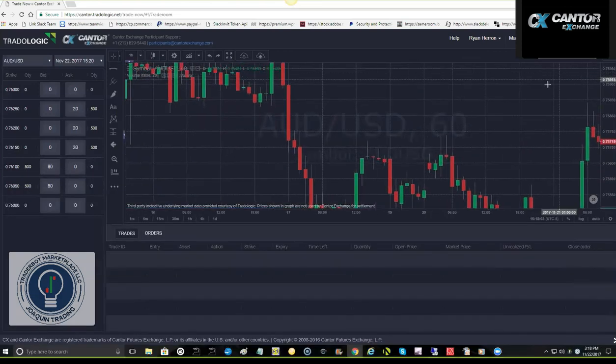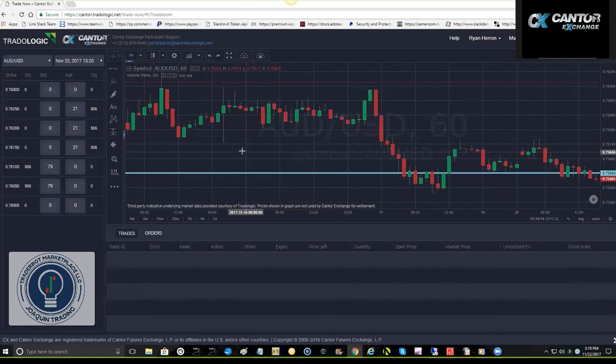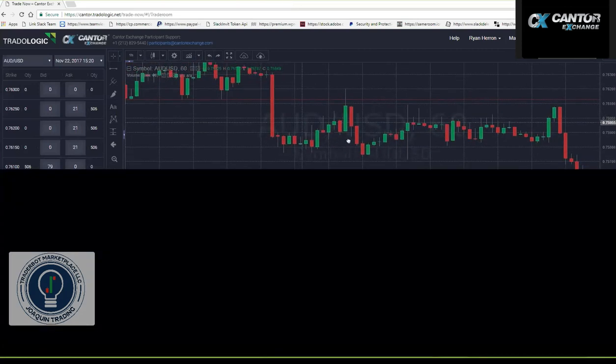Now, here's 5 more in a row. What's the probability it's going to close above this strike here? It's still 68%, but guess what? This one lost. And even if you don't have the tool suite, you can do this manually. You can just go back there. Anybody can count to 5.